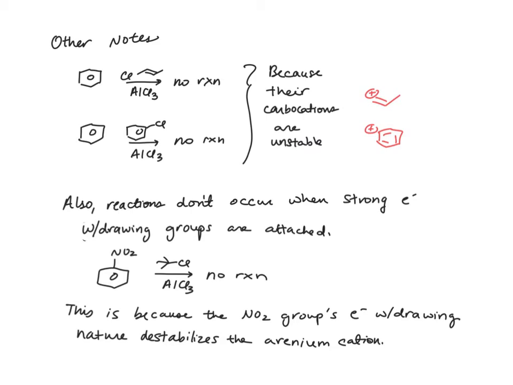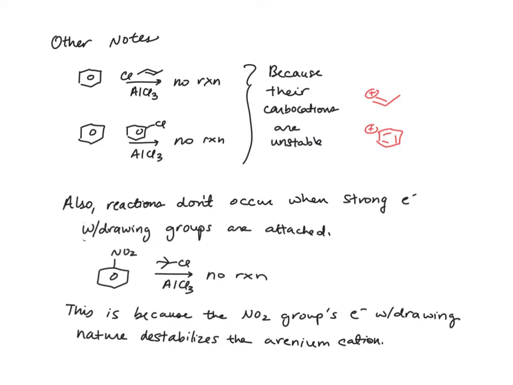Some other notes about the Friedel-Crafts alkylation is that there's no reaction when you have a vinyl chloride and no reaction when you have a phenyl chloride, and that's because their carbocations are unstable. Also, reactions don't occur when strong electron withdrawing groups are attached to the ring.